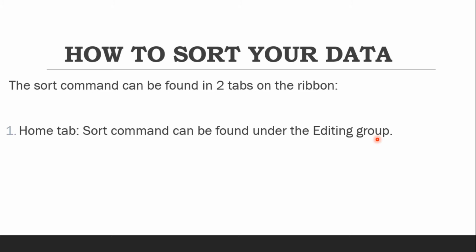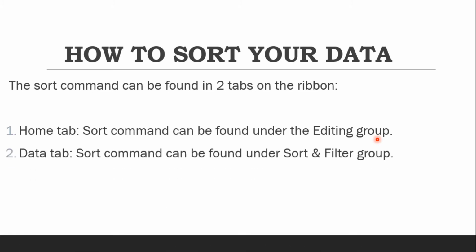Don't worry, I'm going to take you through that process. Now, in the second way you can sort your data, you can find the sort command on the Data tab, under the sort and filter group. So we have the Home tab and we have the Data tab. Take note of these aspects.